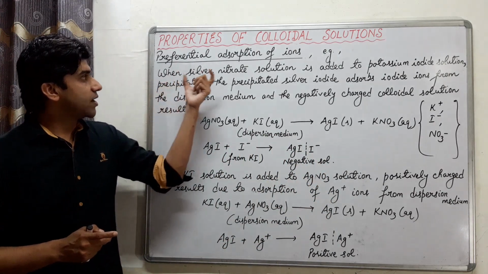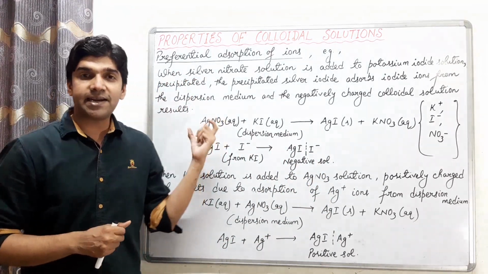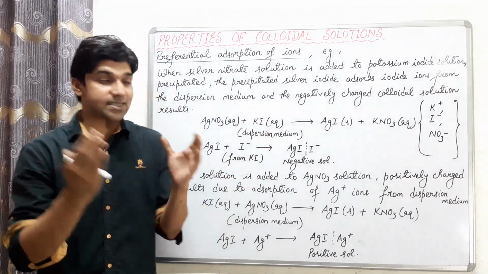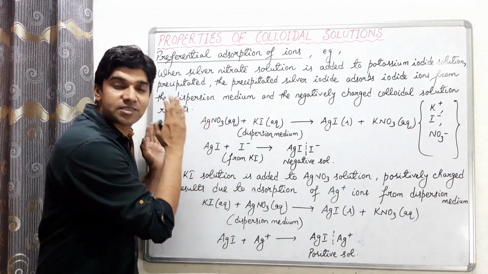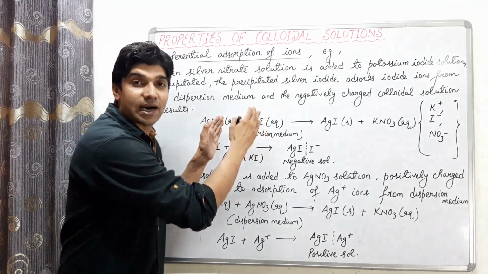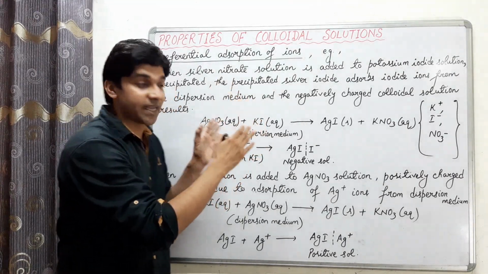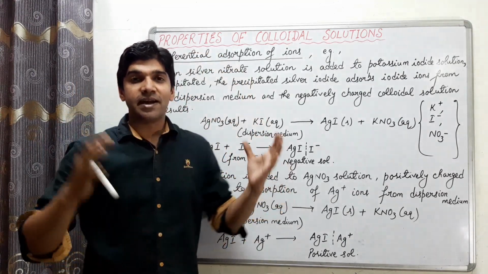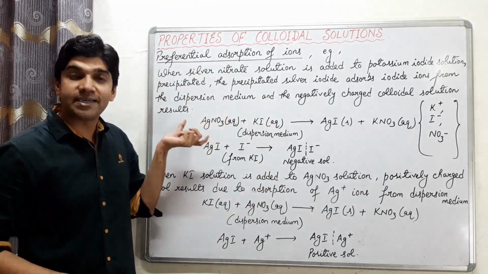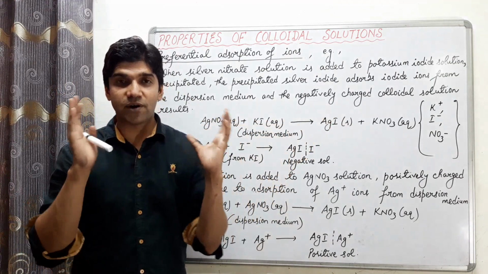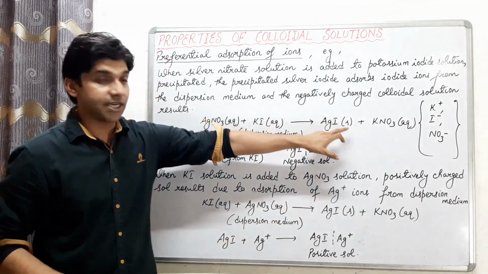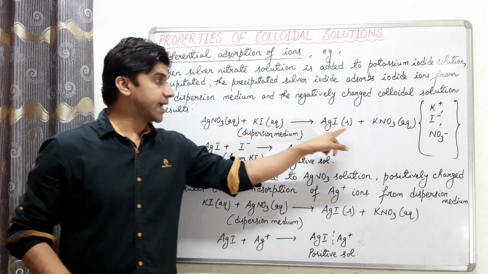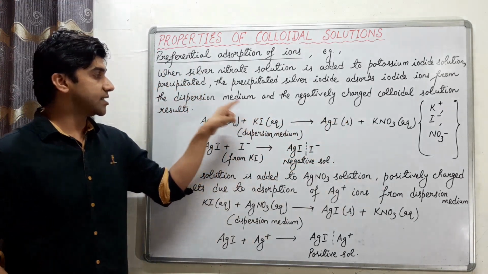When silver nitrate solution is added into potassium iodide solution, silver nitrate is the dispersed phase and potassium iodide is the dispersion medium. We add silver nitrate into potassium iodide, and we know that it is a double displacement reaction. So we have formation of yellow precipitate of silver iodide and aqueous solution of potassium nitrate.